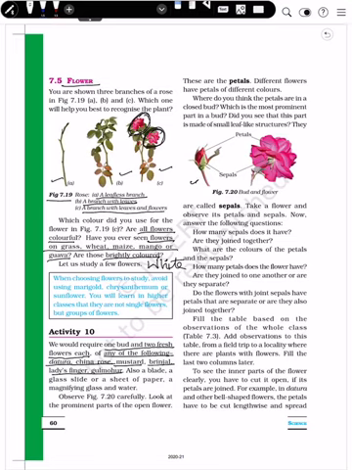So first we will study the outer parts, or you can say the prominent parts, of the open flower. The two main parts among these you can see in figure 7.20. A is showing the bud and B is showing the flower.